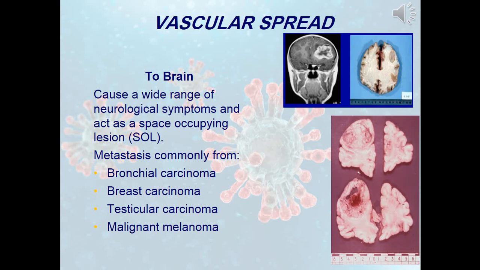Brain metastases occur when the cancer cells travel through the bloodstream or the lymph nodes to the brain. 10 to 15% of females, for example, with stage 4 breast cancer can develop brain metastasis. And I think you have a case in your group discussion about the metastatic foci from breast to brain.